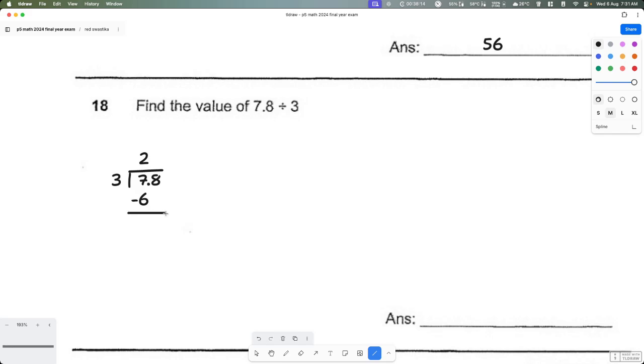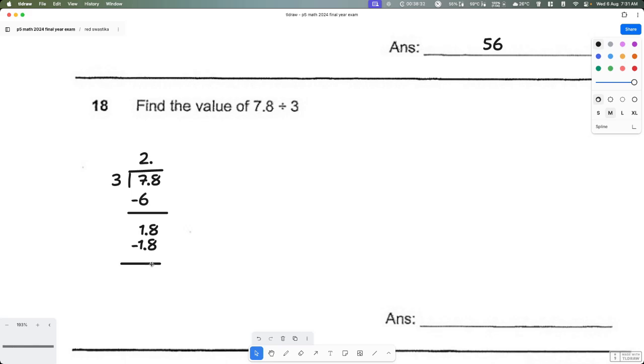Then we have 1.8. And then we can minus 1.8, because we move on to the next decimal place. So we can minus 1.8, and there you go. That's the answer.